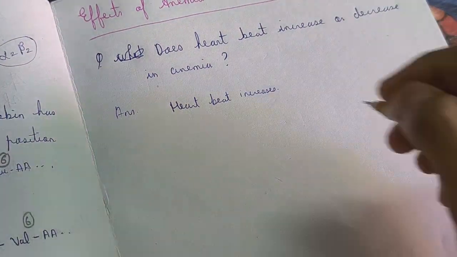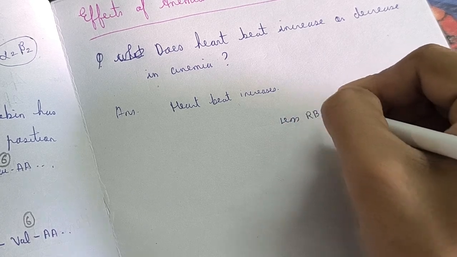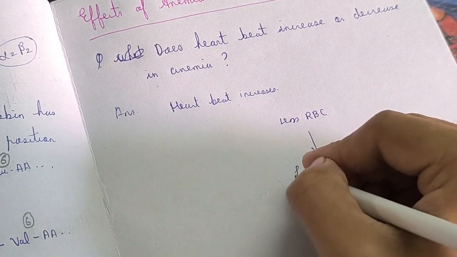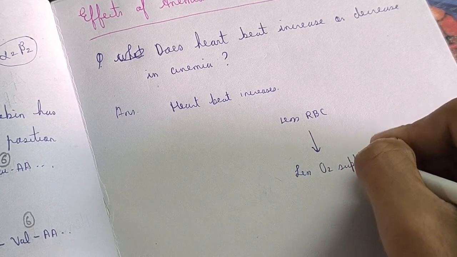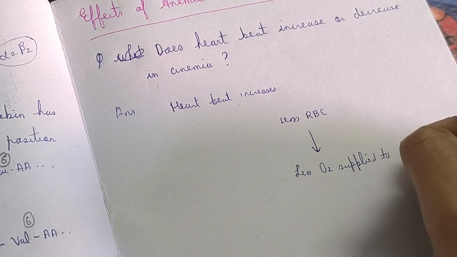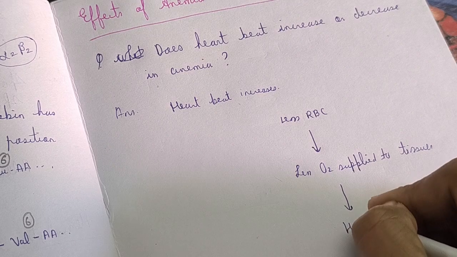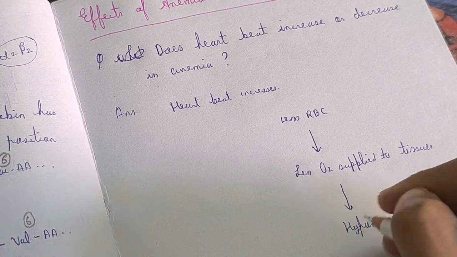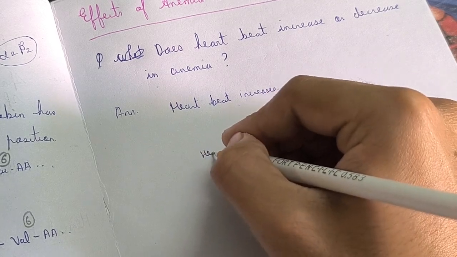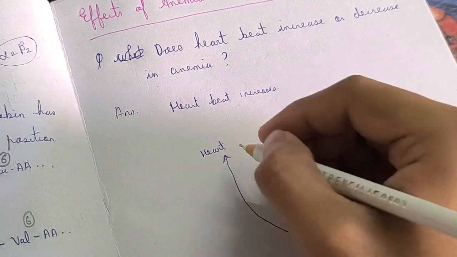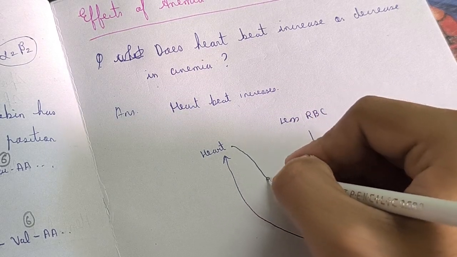Now I am going to explain how. First of all, less RBC means less oxygen supplied to tissues, causing hypoxia, and this hypoxia stimulates the heart to increase oxygen supply.